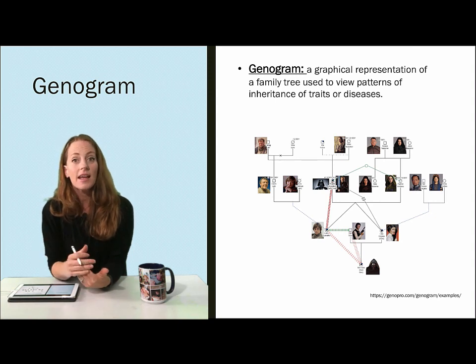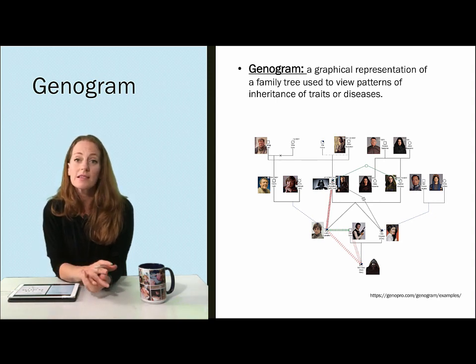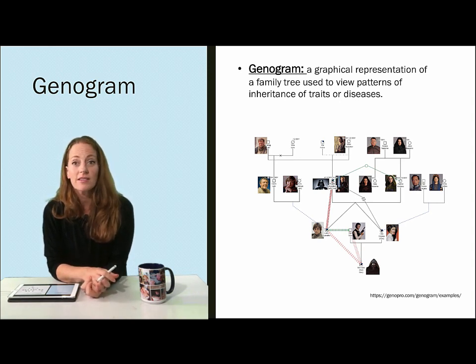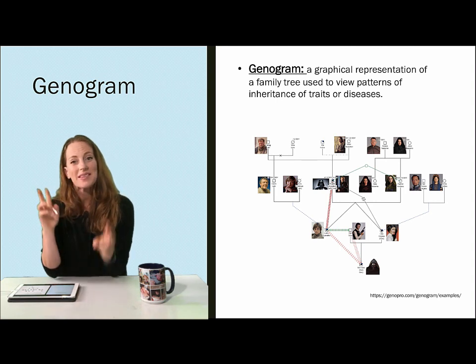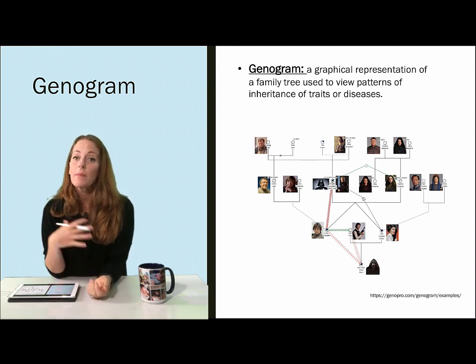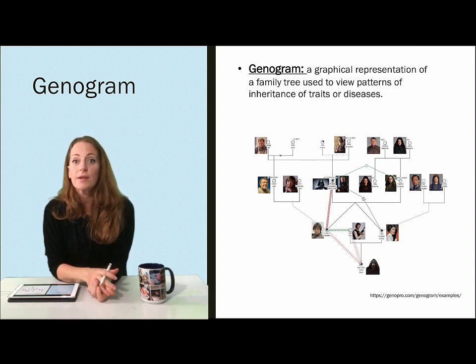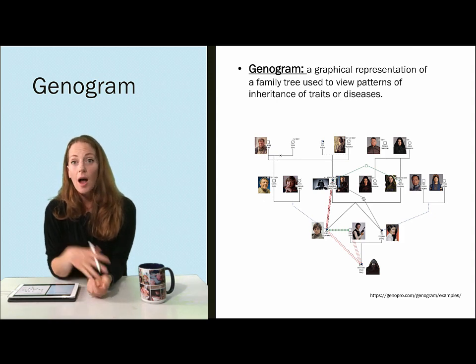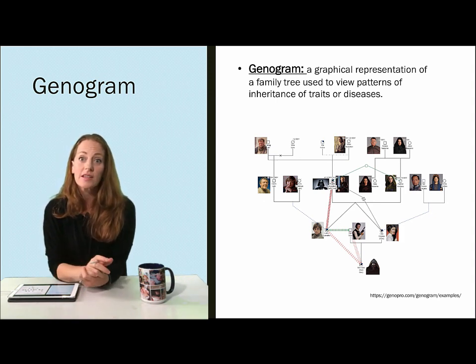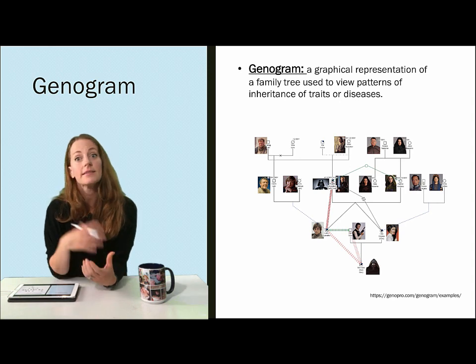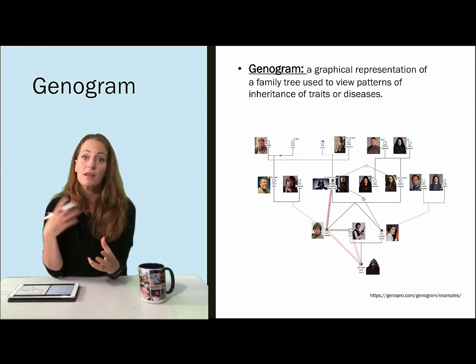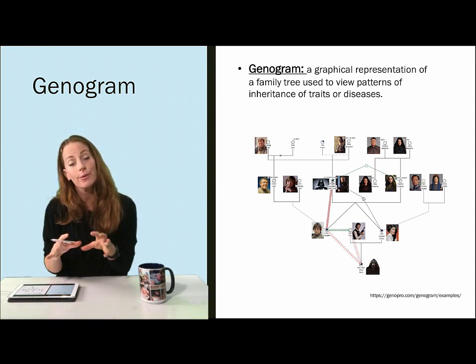In science and in many other areas, we use genograms to follow the inheritance across multiple generations of families. Some people call this a pedigree, and then we can formalize it into different types of genograms. So there are medical genograms where we're actually tracking certain diseases like diabetes and hypertension and breast cancer down through families.